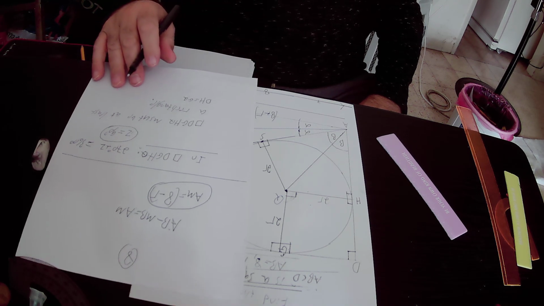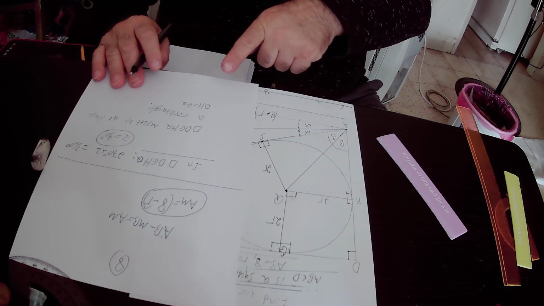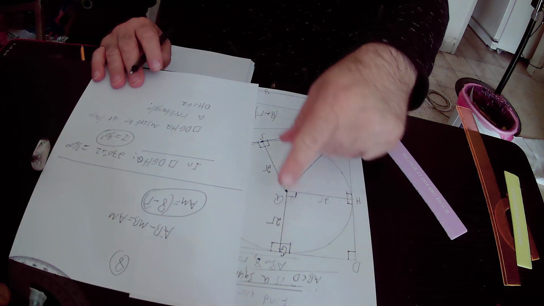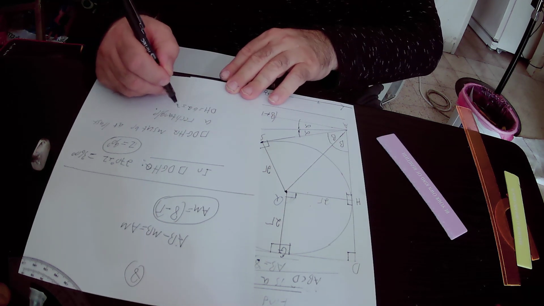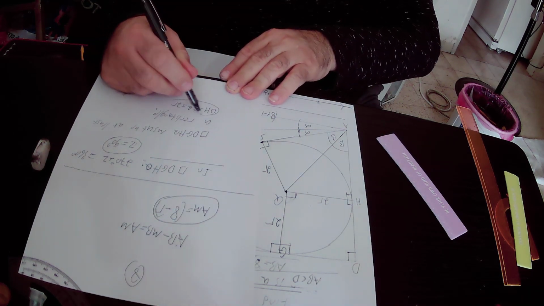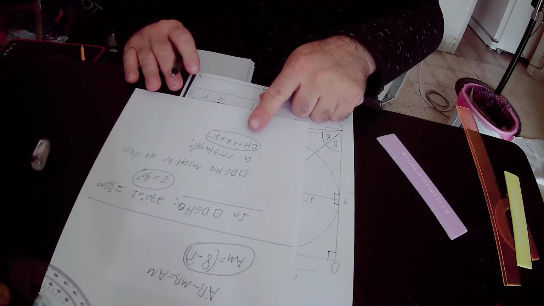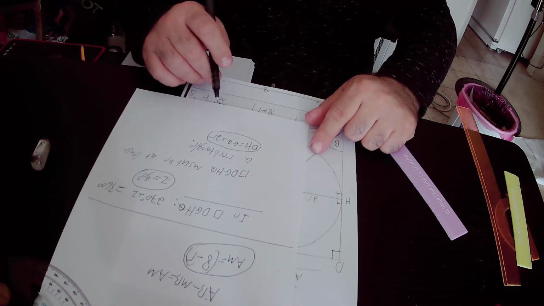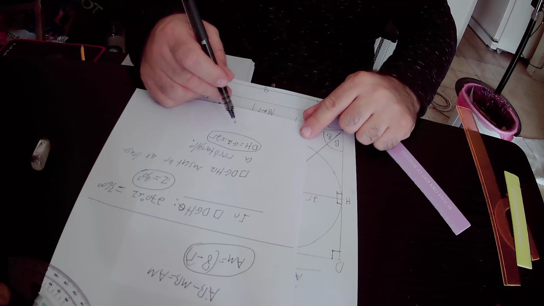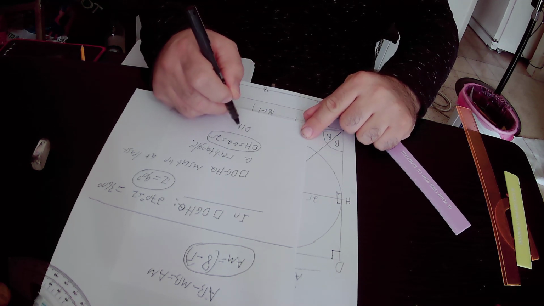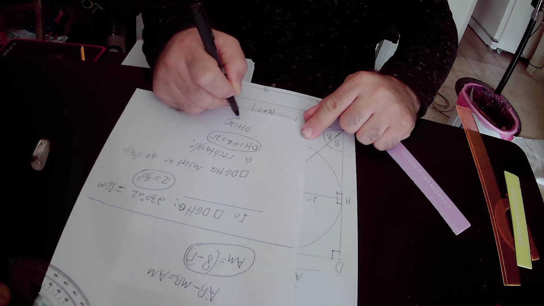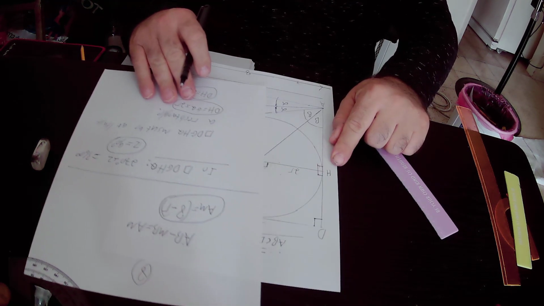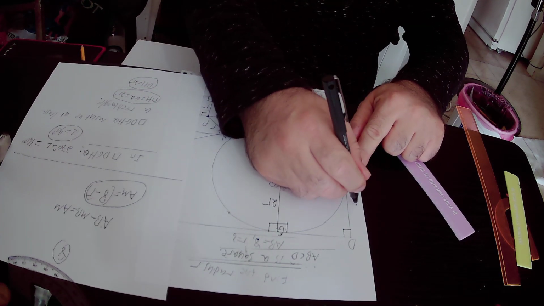But we know that GQ equals 2r. So from this equality, we derive that DH equals 2r.